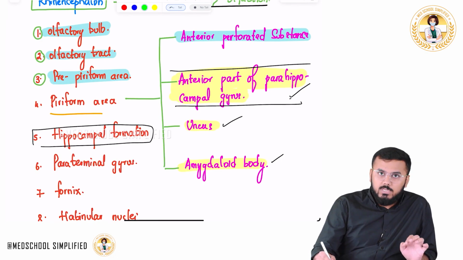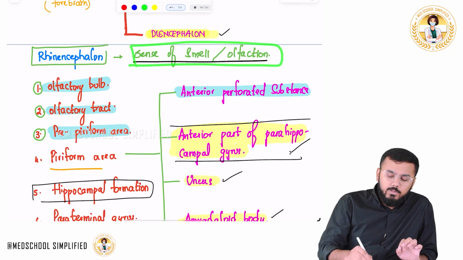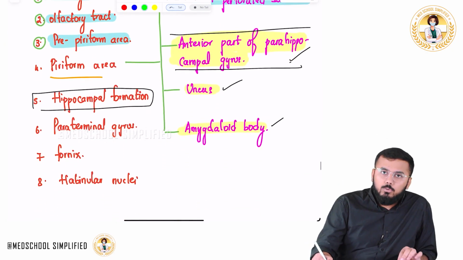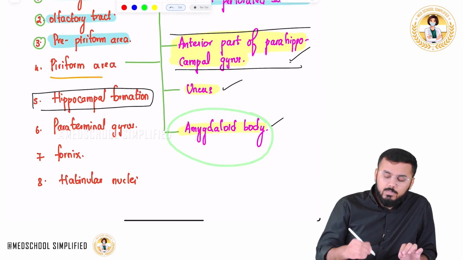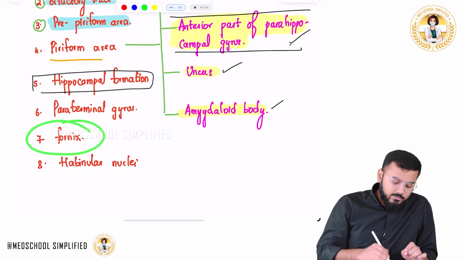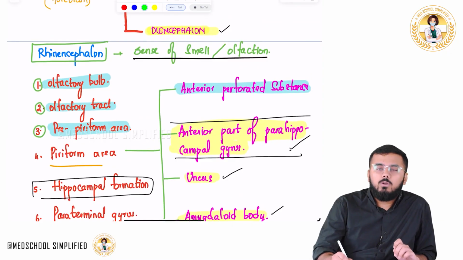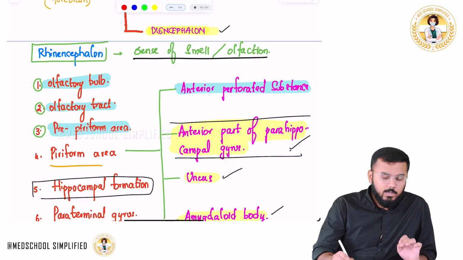These structures which I have just explained are a part of the rhinencephalon and they are responsible for the sense of smell or olfaction. Tomorrow if someone asks you what is the use of the amygdaloid body, one of the actions will be olfaction. If someone asks you what is the function of the fornix, there might be many functions, but one of them is the sense of smell or olfaction. Clear, all of you? So these are some of the very important structures which we have discussed in the rhinencephalon.